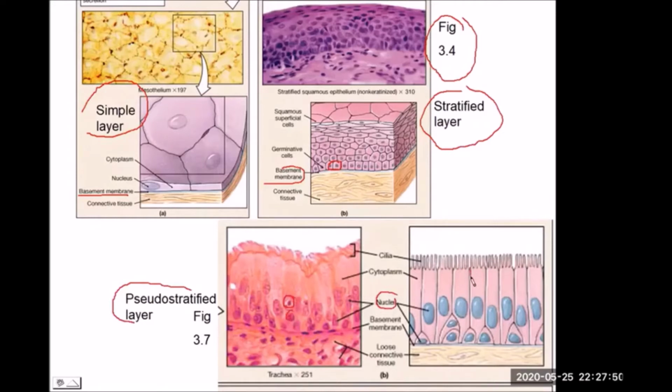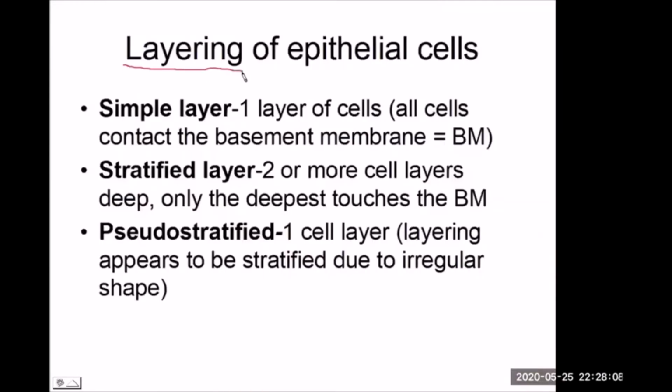But on close inspection, every cell does contact down to the basement membrane. And here's that appearance of the pseudostratified layering. So typically when it comes to epithelial tissues, the layering, simple, stratified, pseudostratified, this is usually the first part of the name, describing how many layers there are.